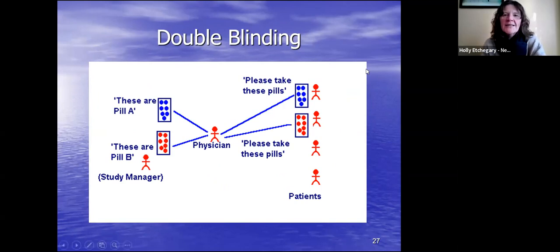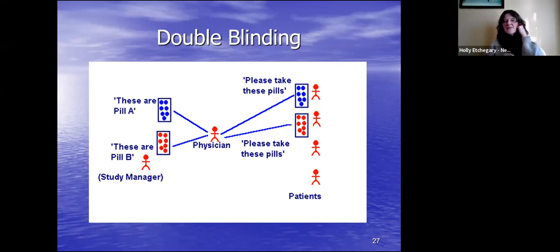Double blinding simply means that neither the physician or the manager, whoever's running the study, nor the participants know who's getting what. That's where the term comes from. No one knows who's getting what. And there are ways to do that in the methodological stage, in how we randomize and how we give these pills to people in a trial.